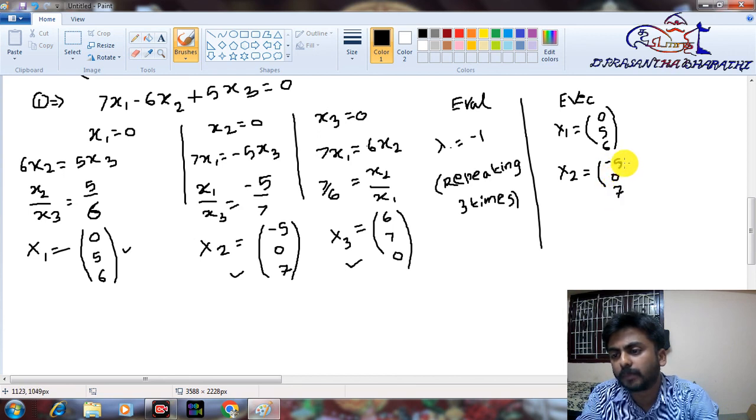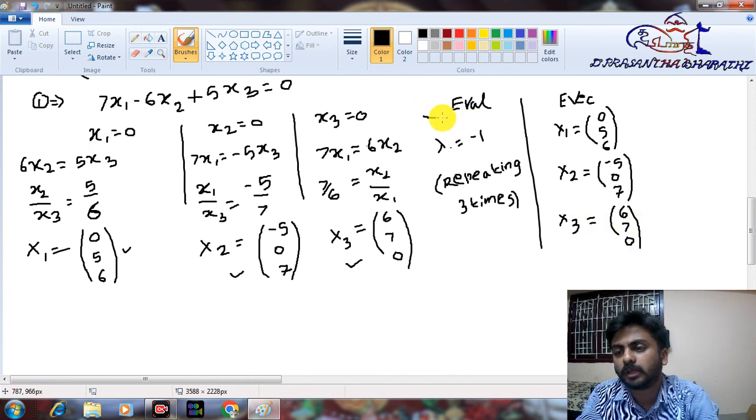For lambda 2 we will have x2 equal to minus 5, 0, 7, and for lambda 3 we will have x3 equal to 6, 7, 0.